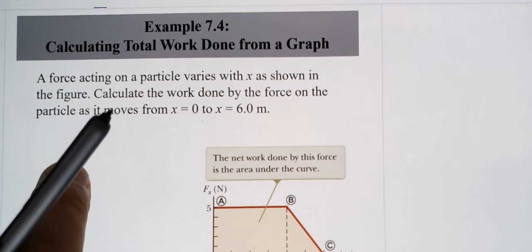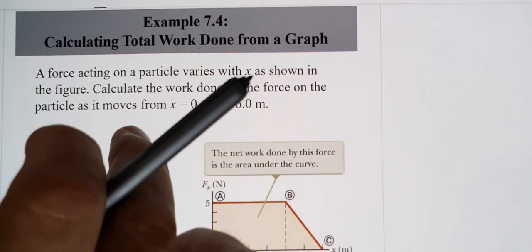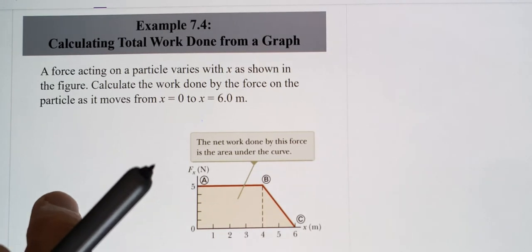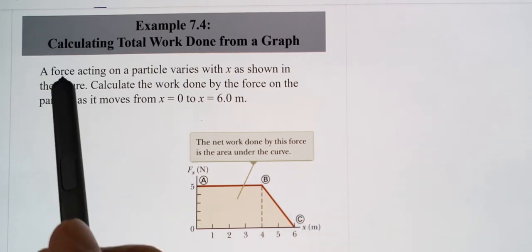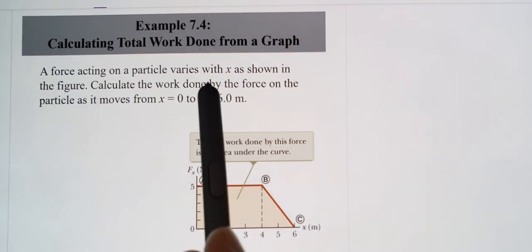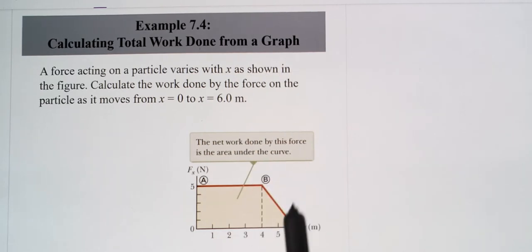Okay. Now let's emphasize what the work is. The work is nothing but the area under the curve. A force acting on a particle varies with x as shown. So this is the force. Constant from 1 to 4 meters displacement, and then it will vanish.